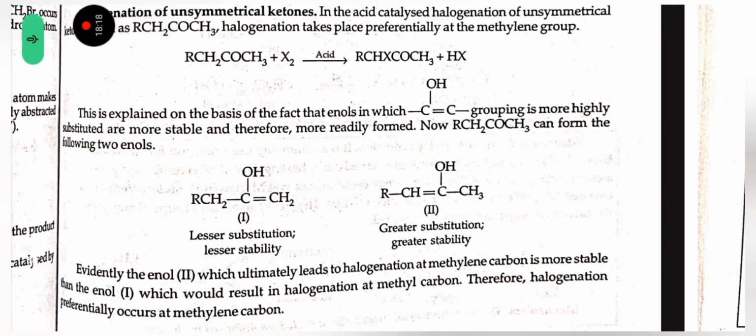In acid catalysis, halogenation of unsymmetric ketones such as RCH2 C double bond O CH3 takes place preferably at the methylene group. This is explained on the basis of the fact that enols in which the C double bond C grouping is more highly substituted are more stable, therefore more readily formed.